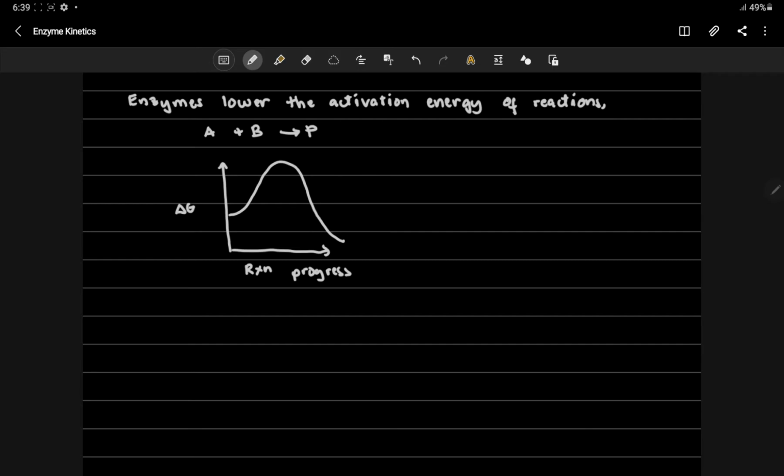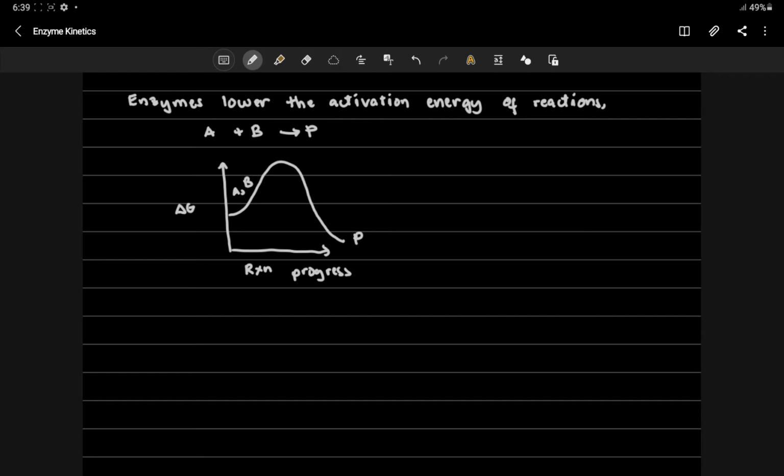Okay. So bakit ganyan? Kasi si reactant mo, A and B, they will have a higher energy level compared to your product P. And that's how reactions go on. They prefer forming product P kasi lower or less energetic yung kanyang free energy.